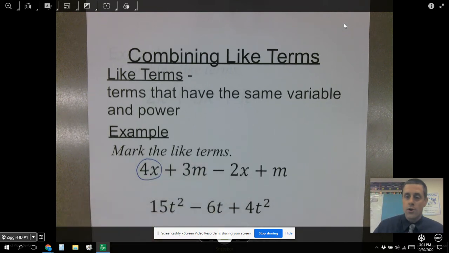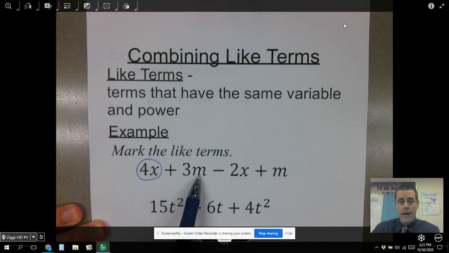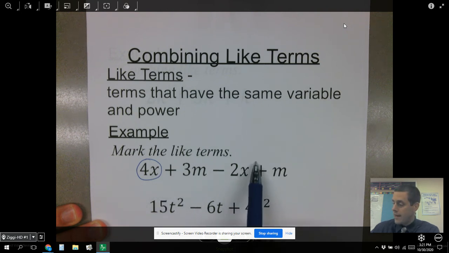And I'm going to circle all the terms that are like 4x, meaning they need to have the variable x and a power of 1. 3m has the variable m, so it is not like 4x. My next term, 2x, shares the same variable and power, so 2x is like 4x.